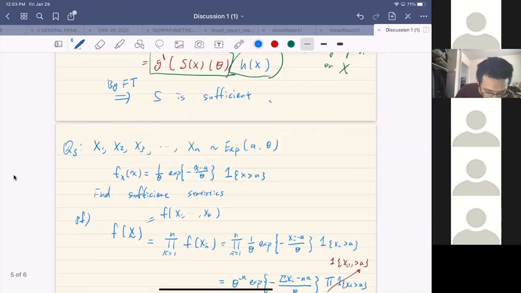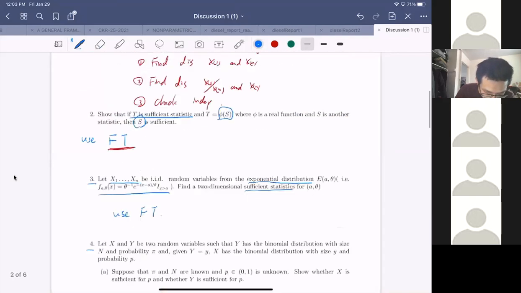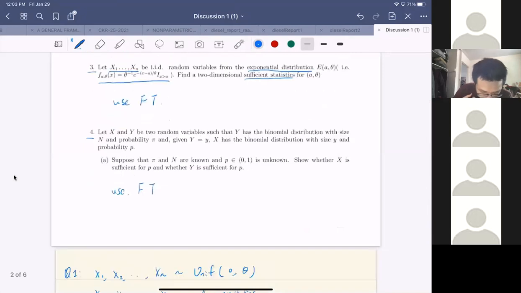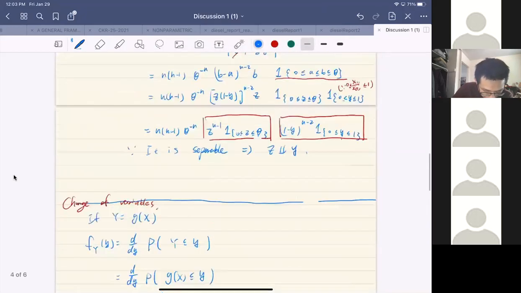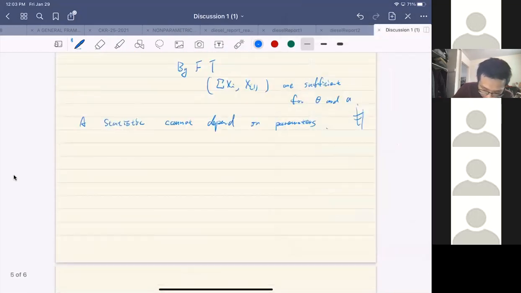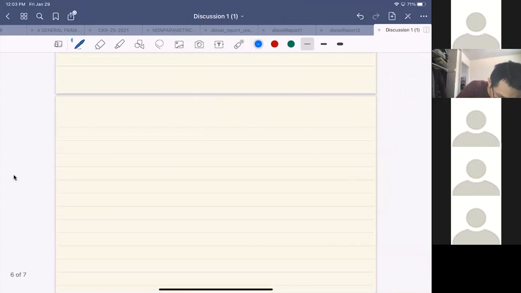And next question is question 4. We have y, which has a binomial distribution with n and pi.